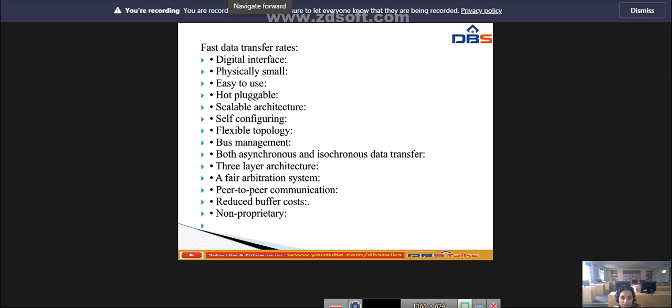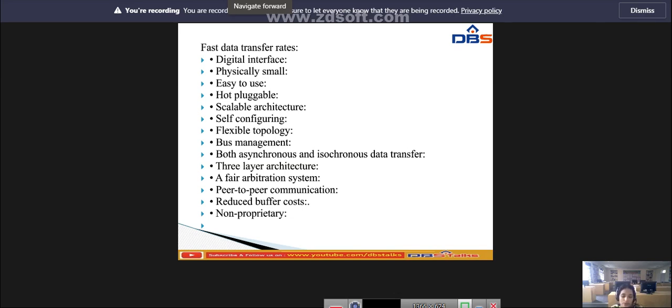Next, digital interface. There is no need to convert the digital data into analog and tolerate a loss of data integrity. Next, physically small. The thin serial cable can replace larger, more expensive interfaces. Next, easy to use.